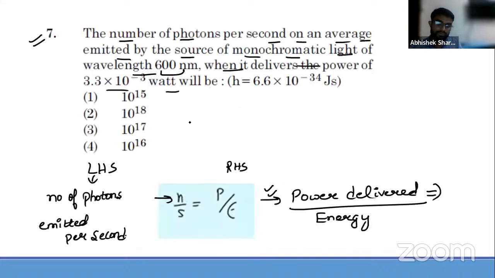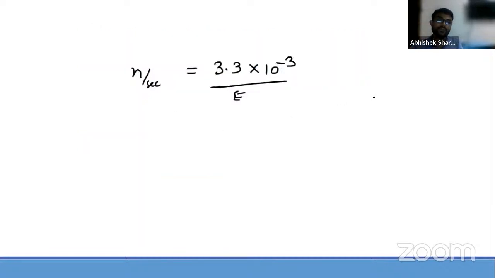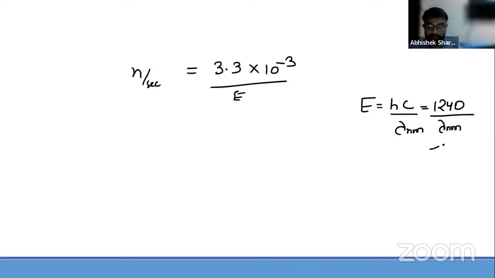Now H, which is Planck's constant, is given to you, and wavelength is given to you. So we'll use this formula of energy, where hc by lambda, if lambda is given in nanometer in questions, can be written directly as 1240 upon lambda in nanometer. When you put lambda in nanometer, you will get the energy with this direct formula, but the unit of that energy will be electron volt.